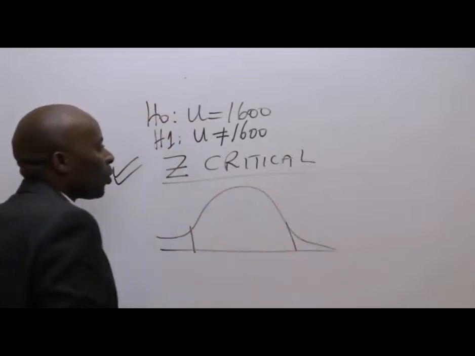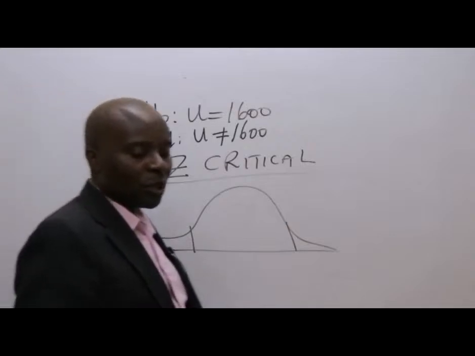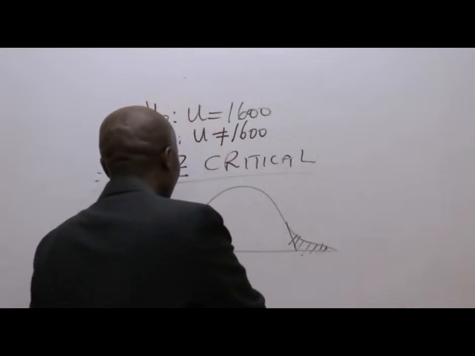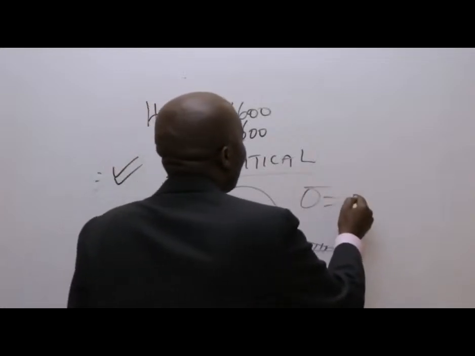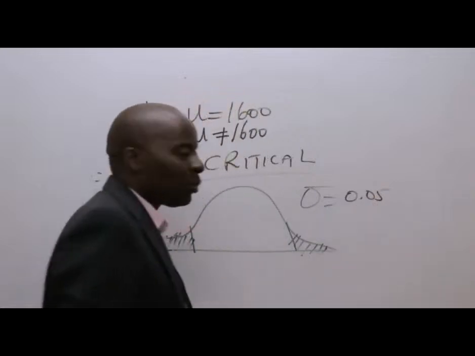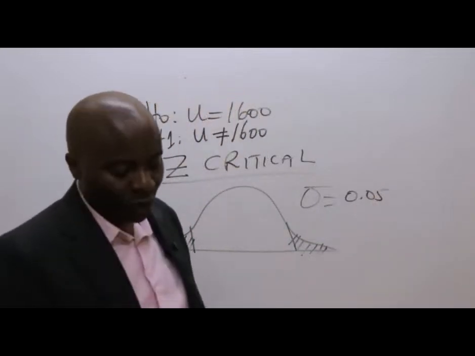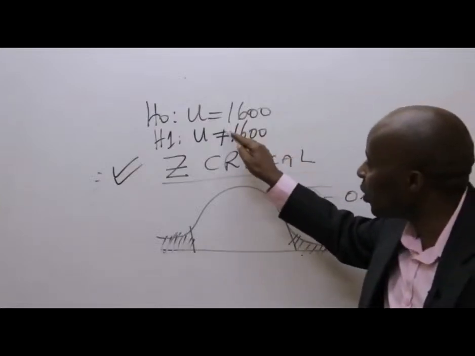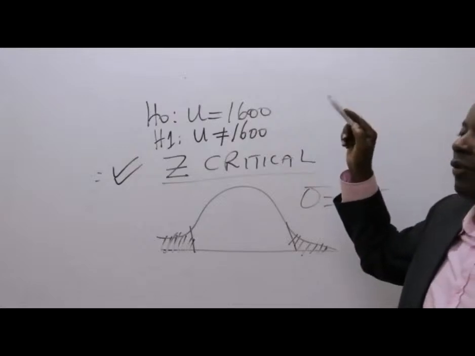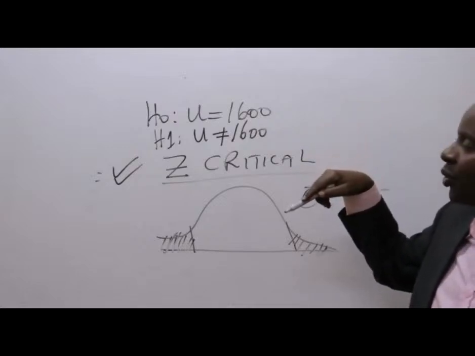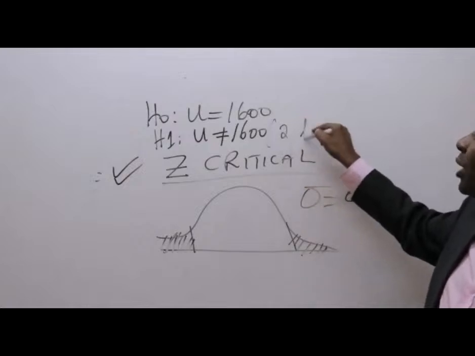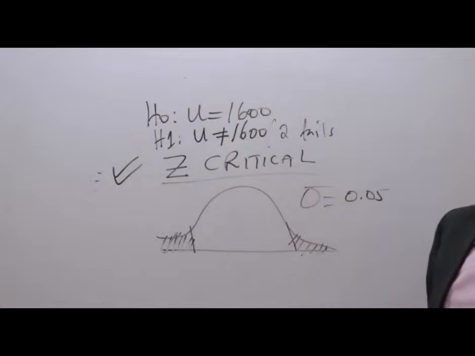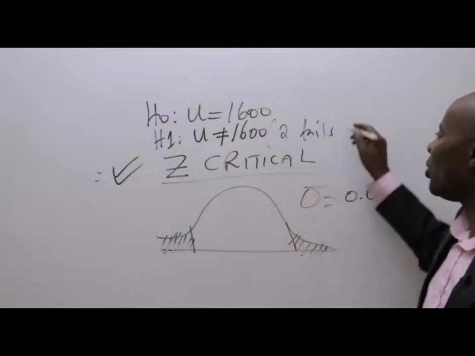Remember, this examiner has given us the level of significance, and he has told us that it is 5%. 5% happens to be 0.05. The moment you give me the level of significance, given that this one is a not equal, and it can go either way, there are two directions, it means that you are handling a two-tails test.